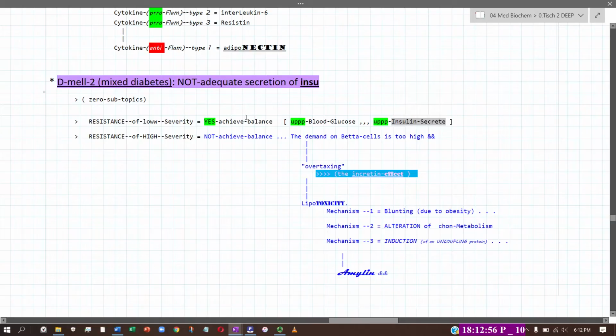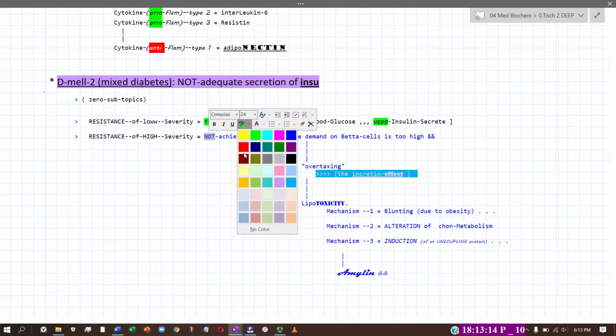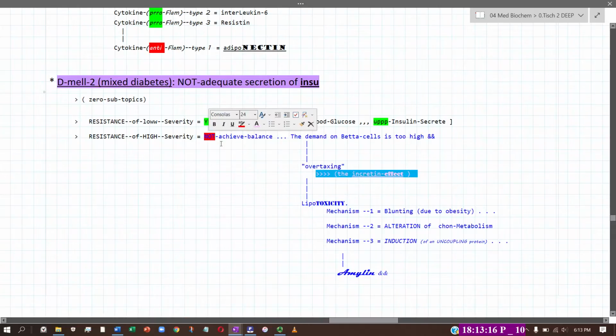So that's why this balance is achieved. However, later, when the resistance to insulin becomes of high severity, you are not able to achieve that balance.